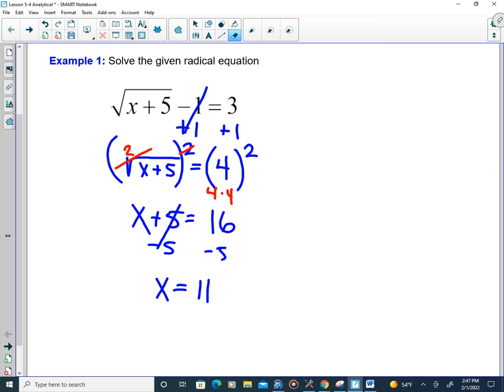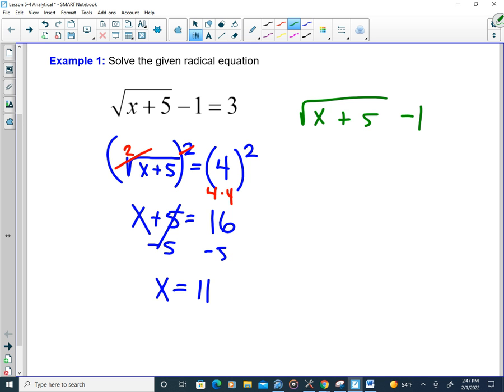So the last step I want you to do now is go back and check your answer. So you're going to take your equation, rewrite it, and replace the x with 11, whatever answer you found x to be. We found x to be 11 on this particular problem. So substitute 11 in for x, and then see if the left side equals the right side.